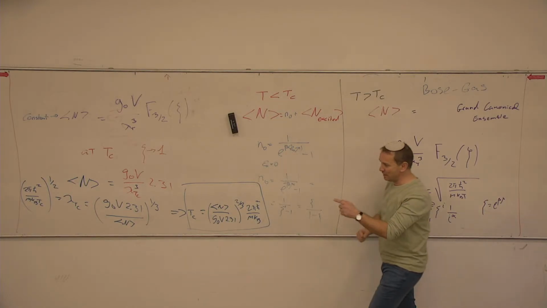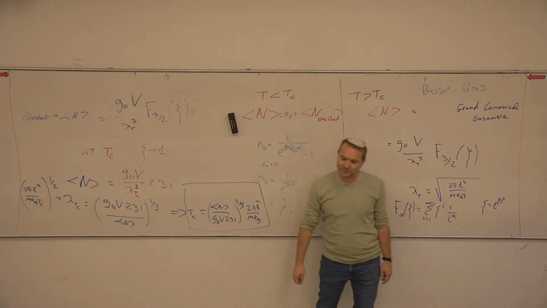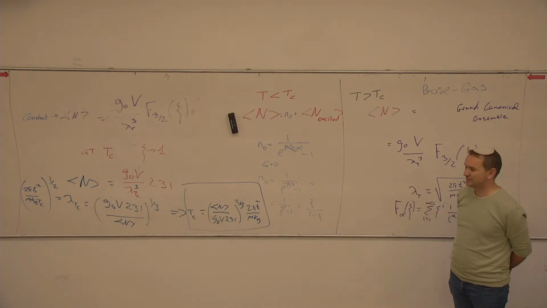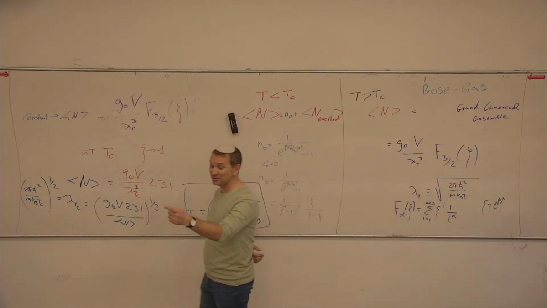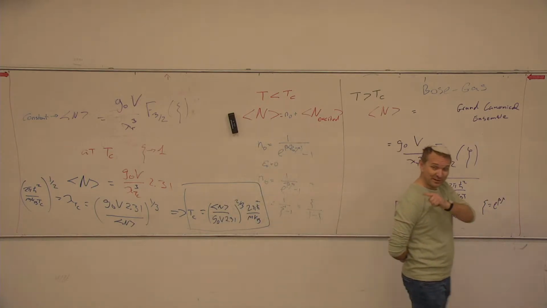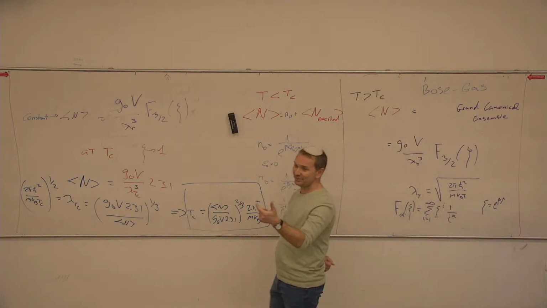It depends on the number of particles. In the last lecture, you said on a specific element that the critical temperature is 3 Kelvin. What does it mean? It depends on how many particles you pushed inside. You need a specific density of particles. I also asked, what is the density of particles in a liter?